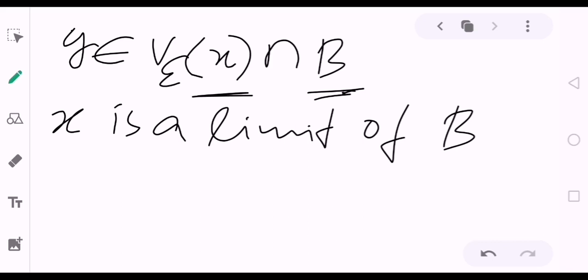Again, we assumed that B is a closed set.